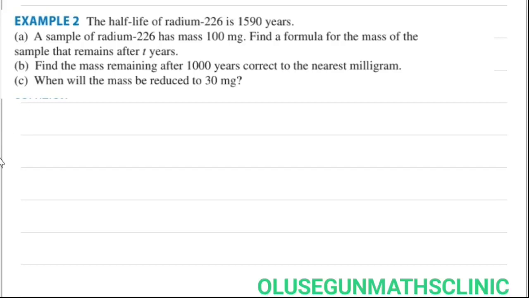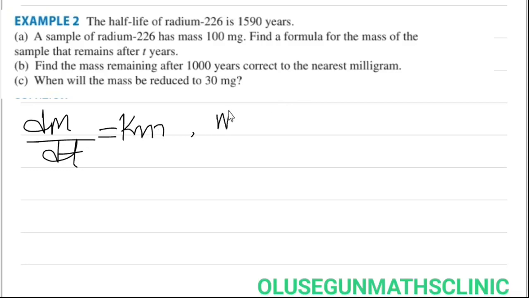This is how we represent it: dm/dt is equal to km, and the initial mass, because it's a sample, is 100.